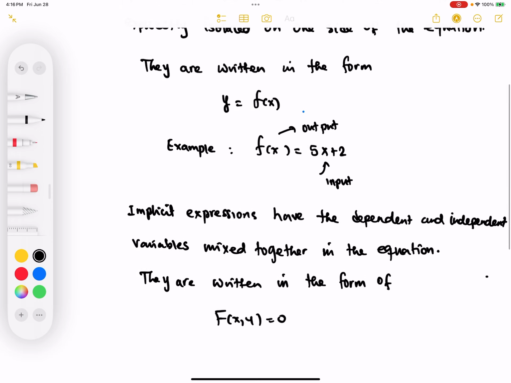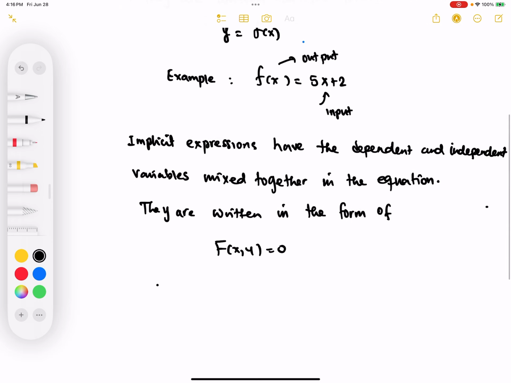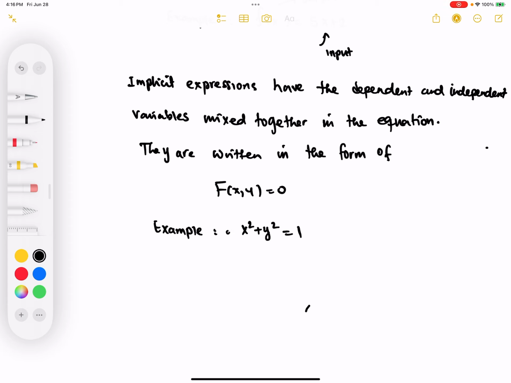For example, the equation of a circle, let's say x squared plus y squared is equal to 1. This is one example. Another example: f of x, y is x squared minus 2xy plus 3y squared minus 5.